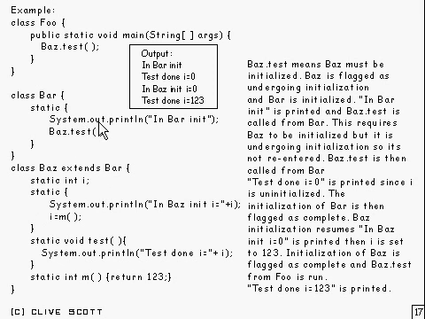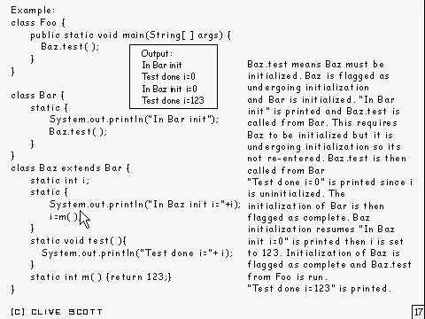So first of all, it will print out "in Bar init", as you can see there, and then it calls Baz.test. What's calling Baz.test is an attempt to call this here, and normally that would require Baz to be initialized, but as it's undergoing initialization, it pretends it's already been initialized.